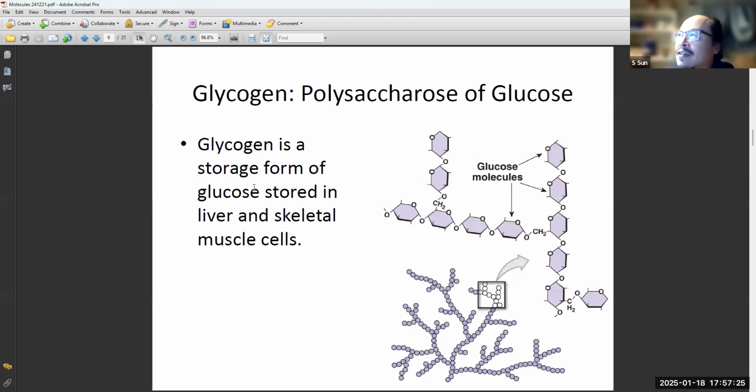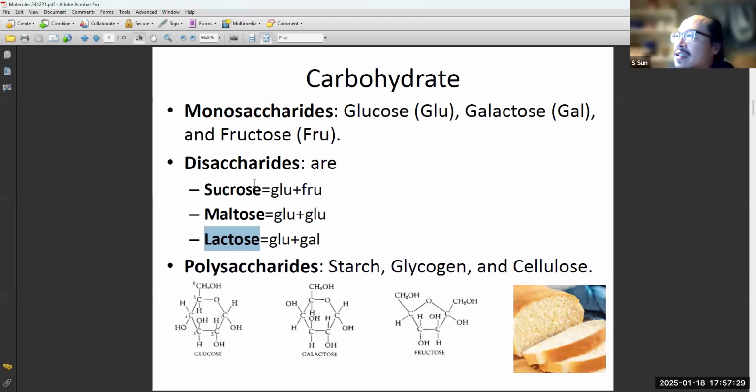And then this is polysaccharides. There are several examples right here. Starch, like the bread here. Glycogen is one in our body. Cellulose, those are the dietary fibers that you eat, but in the human body, we don't have the enzyme to break it apart, which is good.